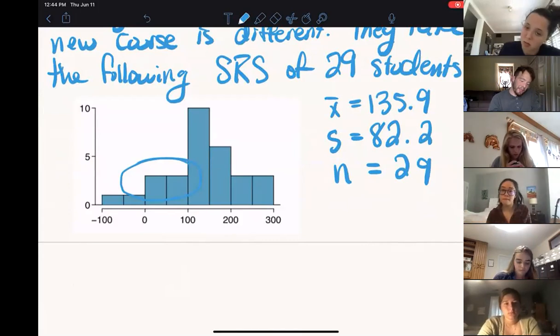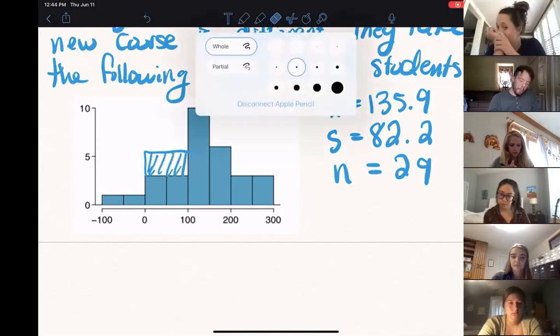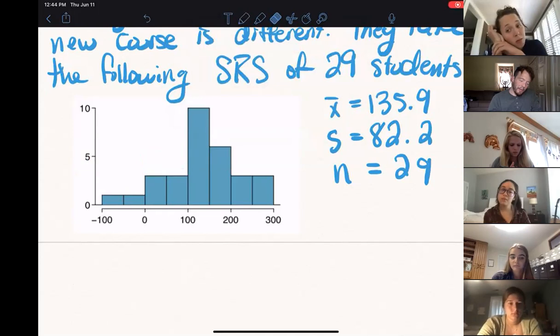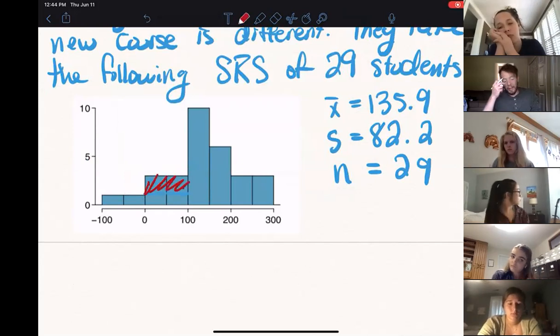Just imagine if this were a little higher, I don't think we would have called this skewed. But if this were a little lower, then we totally would have called it skewed. If this wasn't here, then that would totally be skewed. So I'm a little on the fence.